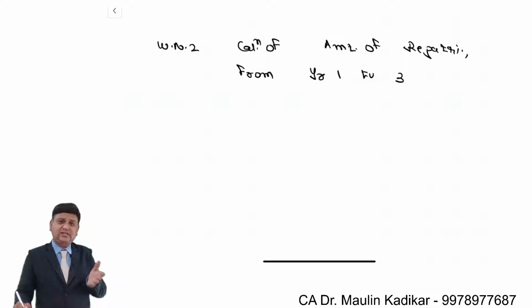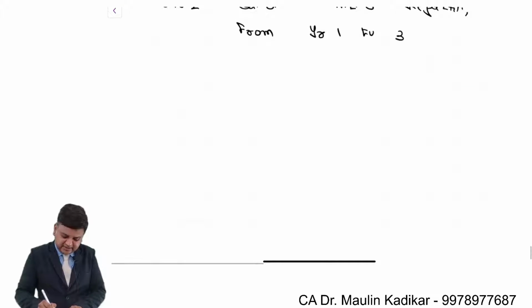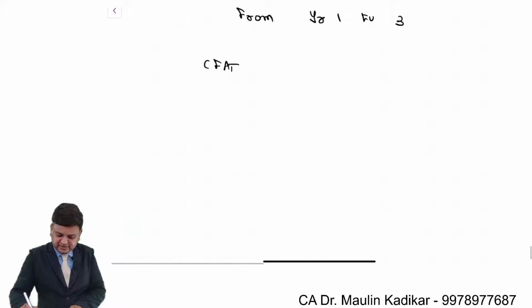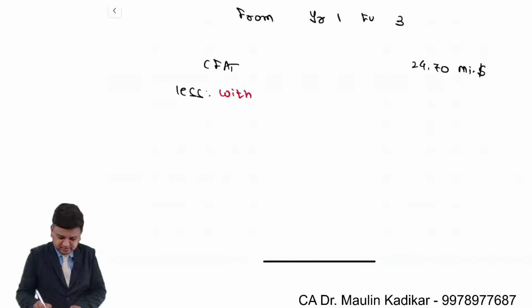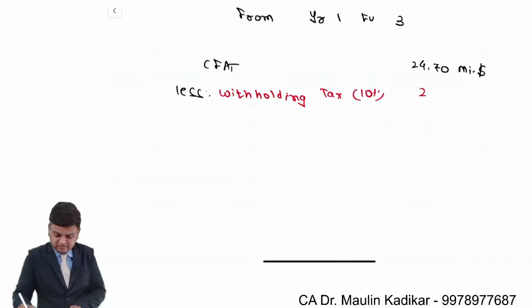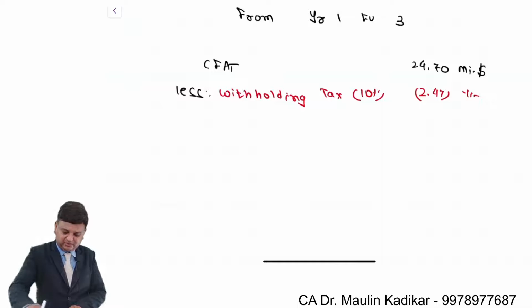As far as the first 3 years is concerned, in that CFAT is $24.7 million less withholding tax, at the rate of 10 percentage, $2.47 million.